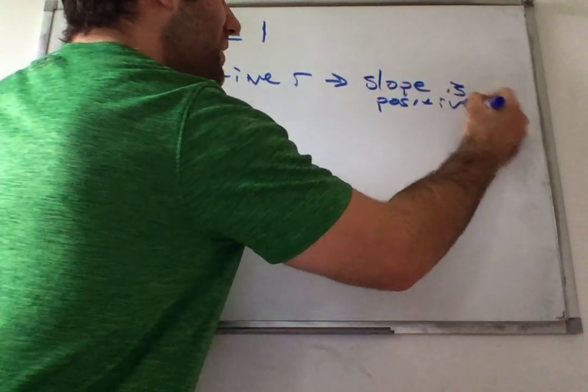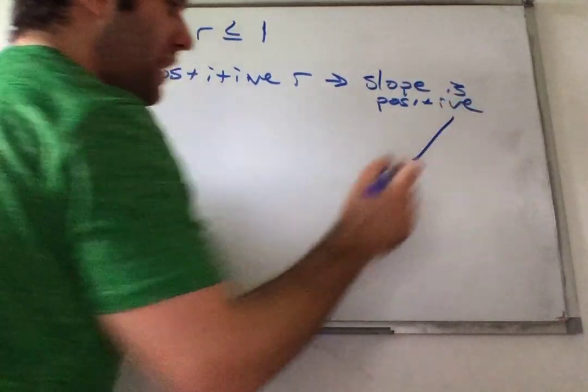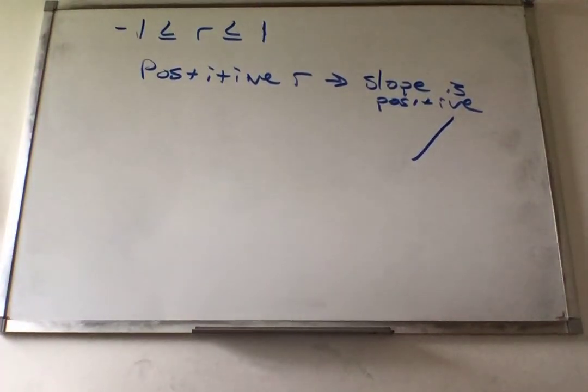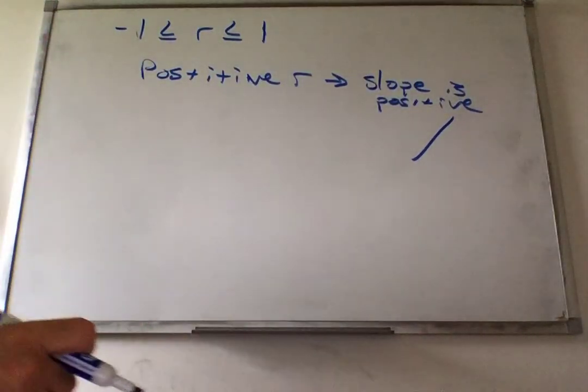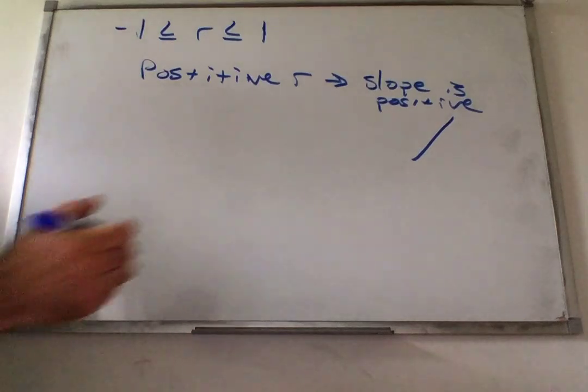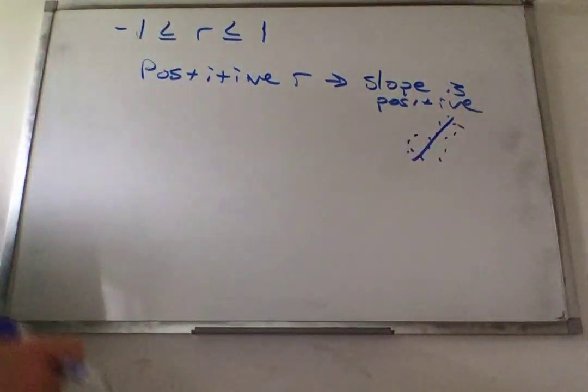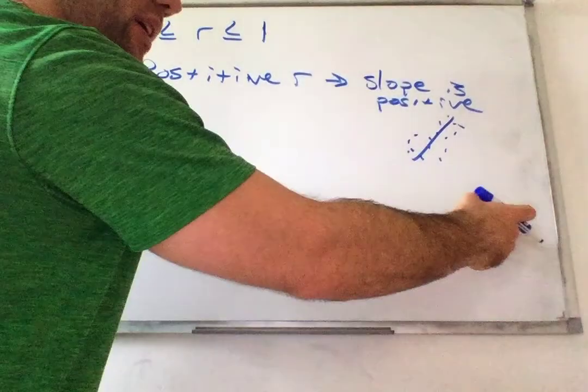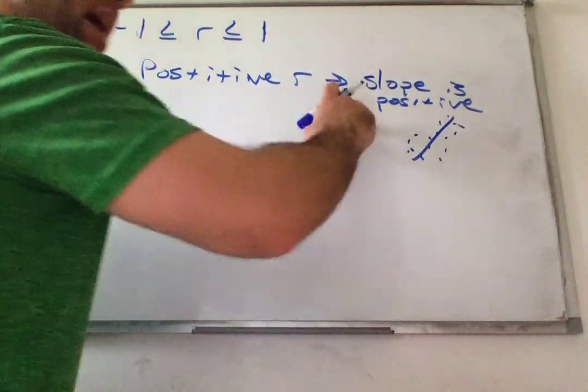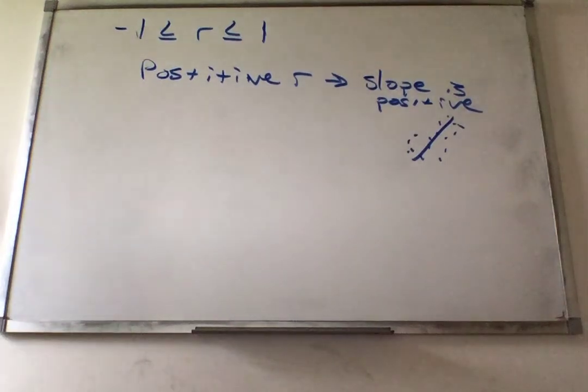There's a positive correlation. If I were to draw the linear regression equation, it's going to look something like that. It has a positive slope, meaning that there's a positive trend in the data. As the independent variable goes up, the dependent variable also goes up.